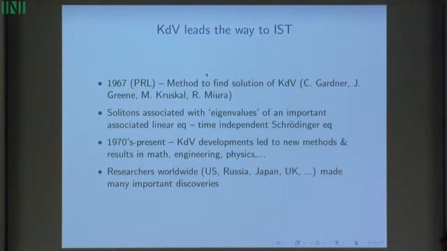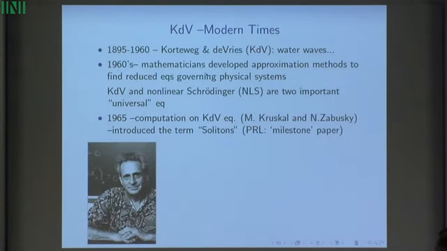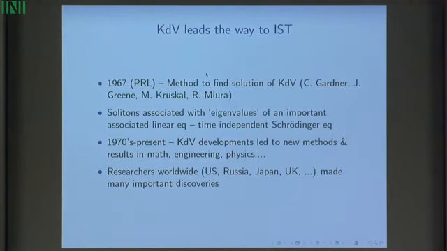So, 65, by the way, that paper by Kruskal and Zabusky is considered a 50-year milestone paper by Physical Review Letters. In 67, there was a method to find the solution of the Korteweg-de Vries equation by Gardner, Green, Kruskal, and Miura.